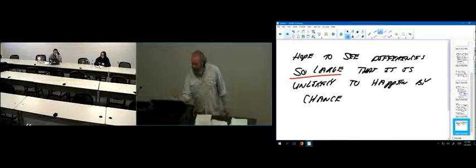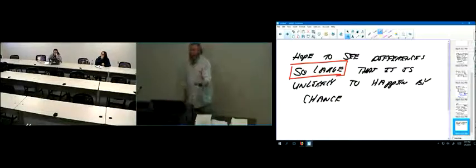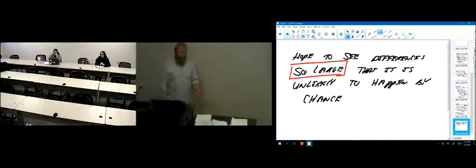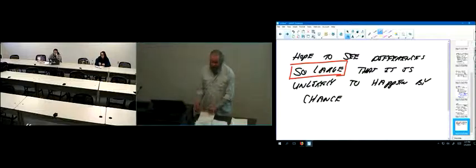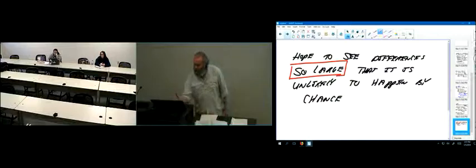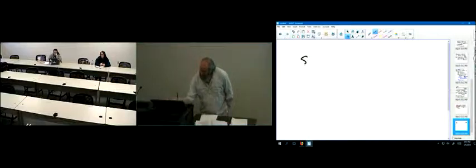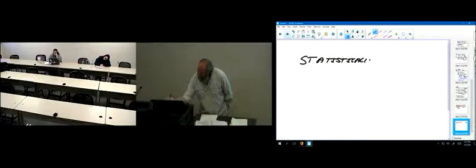Now, the reason I underline that, I can't tell you how large needs to be at this moment. But I can give you a term, and the term we want here is statistically significant.